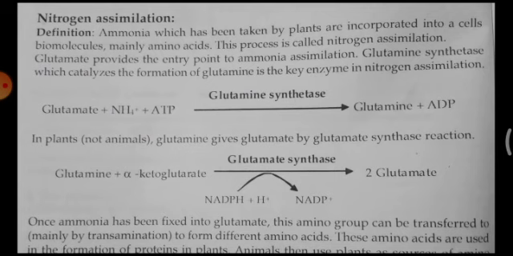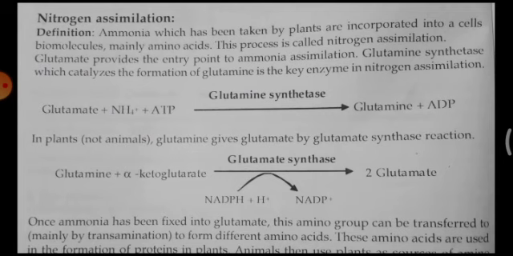Glutamate provides the entry point to ammonia assimilation. Glutamate is a very important compound which can take up ammonia. Glutamine synthetase, which catalyzes the formation of glutamine, is the key enzyme in nitrogen assimilation.